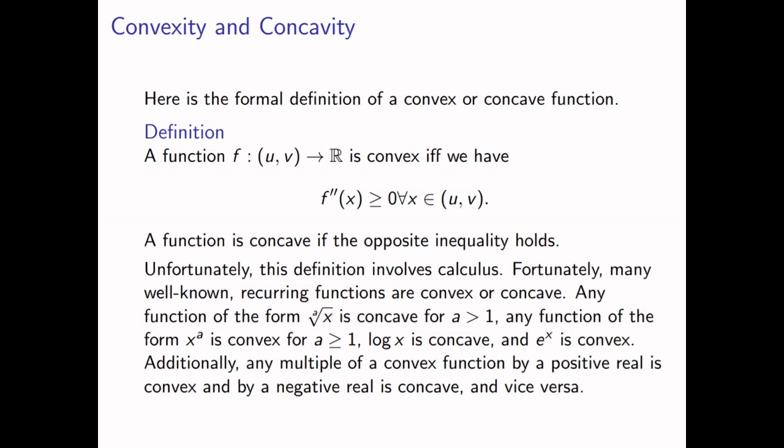Now, we mentioned that the function is either convex or concave, but what does that actually mean? If you take calculus, then the definition is that the second derivative of f is positive if f is convex. The opposite is true when it's concave.